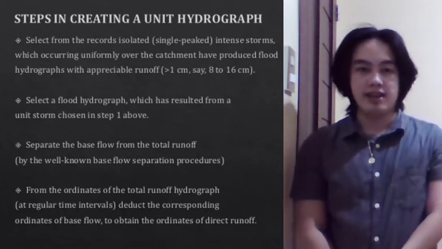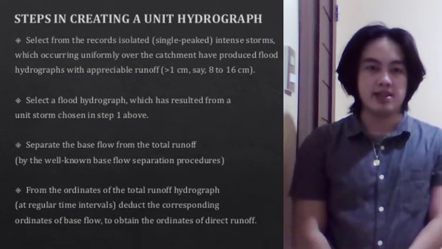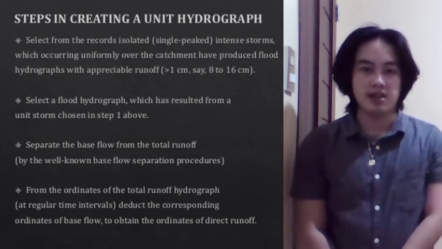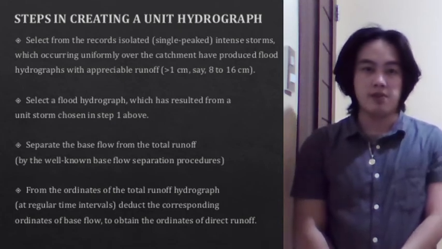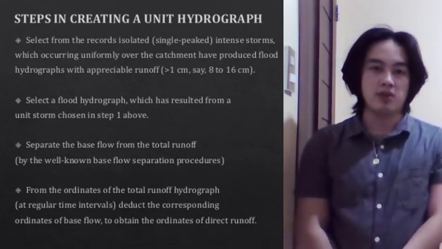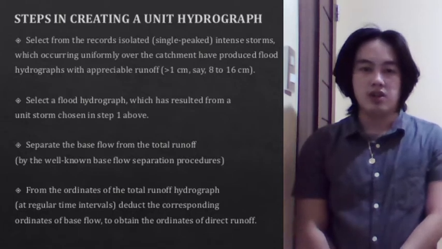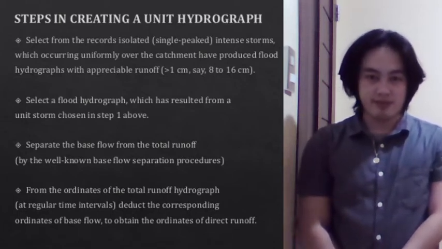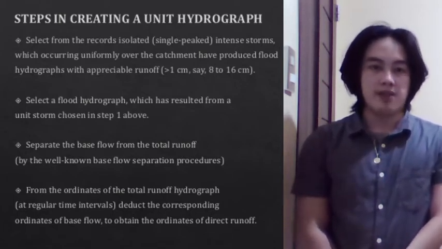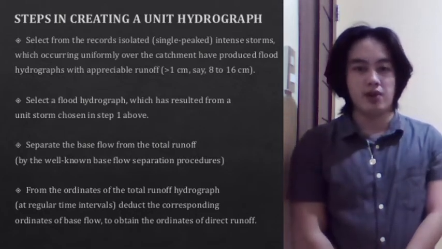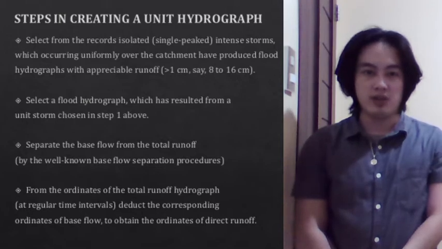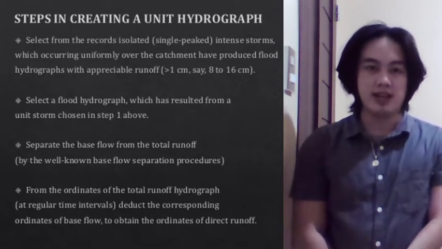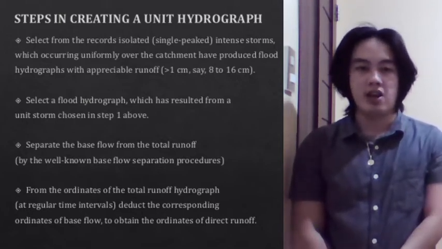Next, separate the base flow from the total runoff by the well-known base flow separation procedure. Next, from the coordinates of the total runoff hydrograph at regular intervals, deduct the corresponding coordinates of base flow to obtain the coordinates.